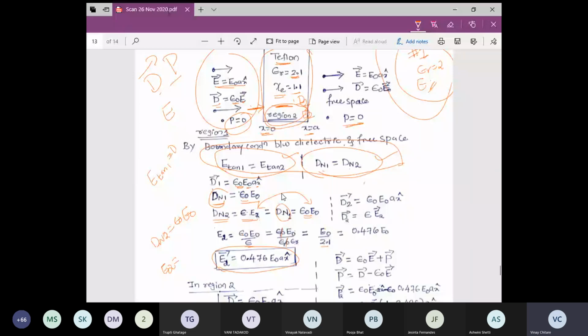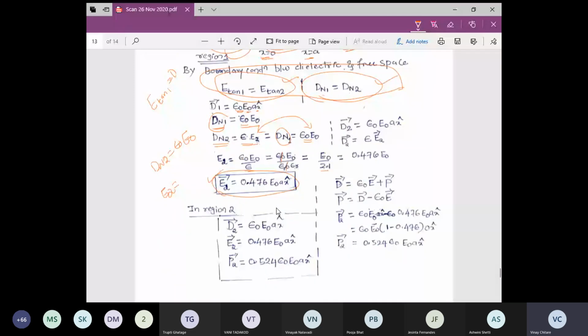The D field they have given us is itself a normal component. So I got E2. Once you know E2, you can find D2. That's not a big deal.